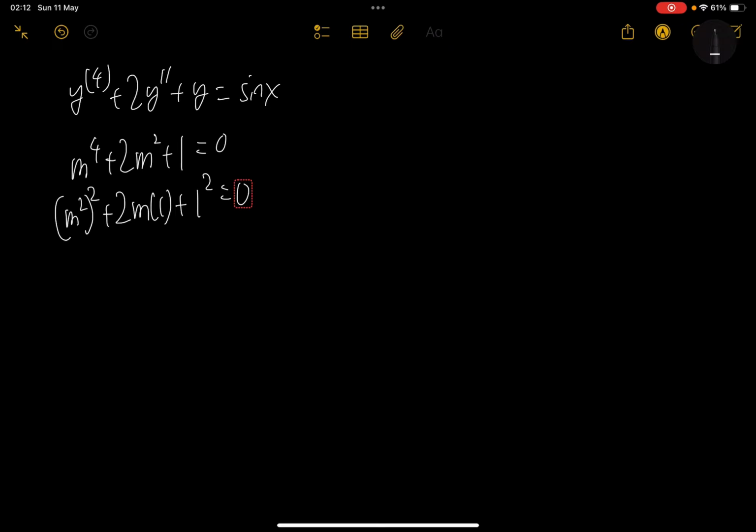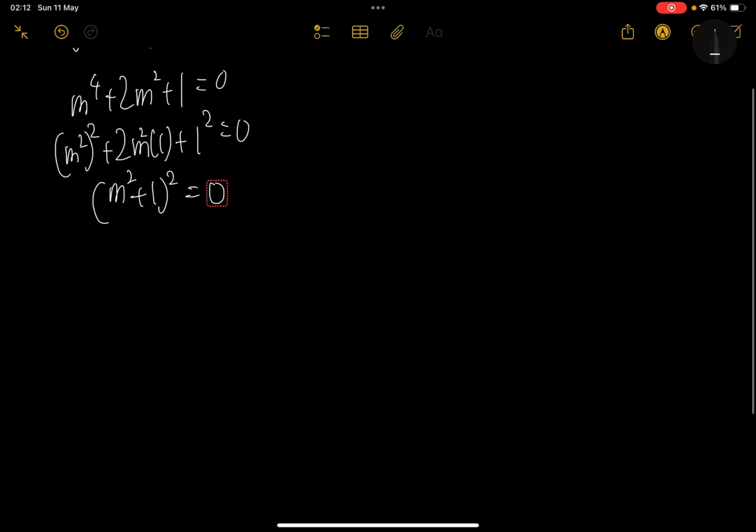You can see this easily from our a squared plus 2ab plus b squared formula. So this is (m squared plus 1) squared is equal to 0.